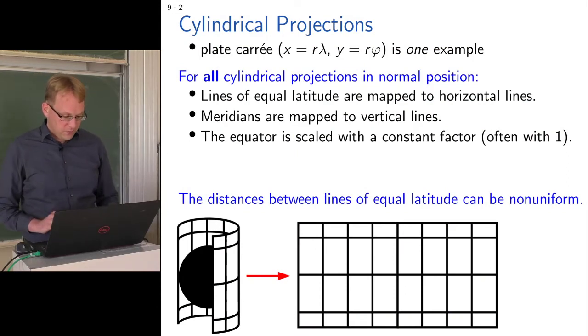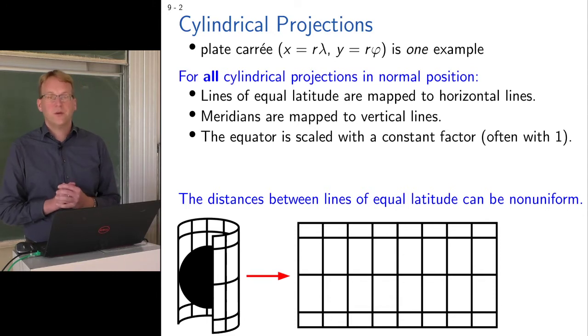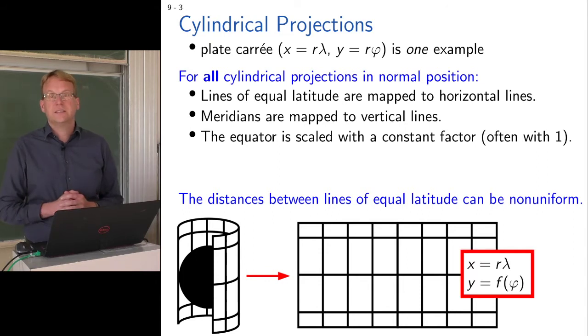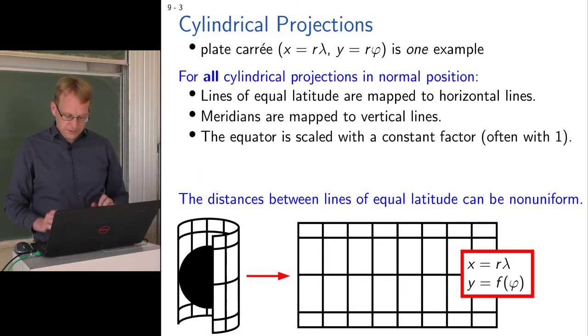Well, now what we need to do is, of course, we need to think more about the mathematics behind this. This was all nice drawing and visualization, but of course we want to compute also, and therefore we need a map projection or an equation defining this mapping. And in general, what we have in cylindrical map projections is, first of all, this relationship x is equal to r times lambda.